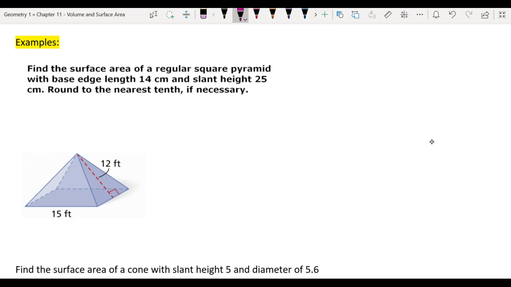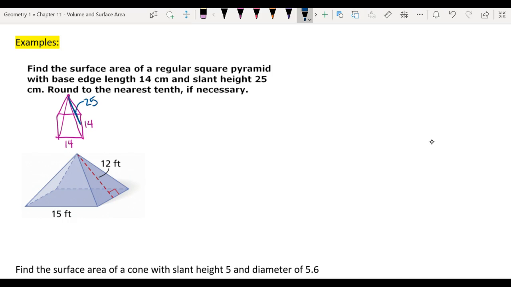If they tell us our base edge length is 14, that means the side length of the square on the bottom is 14. Your slant height is 25. So if this is my pyramid, my slant height would go down this, and that's 25. That's going to be the height of your triangles when we're finding the area of those.